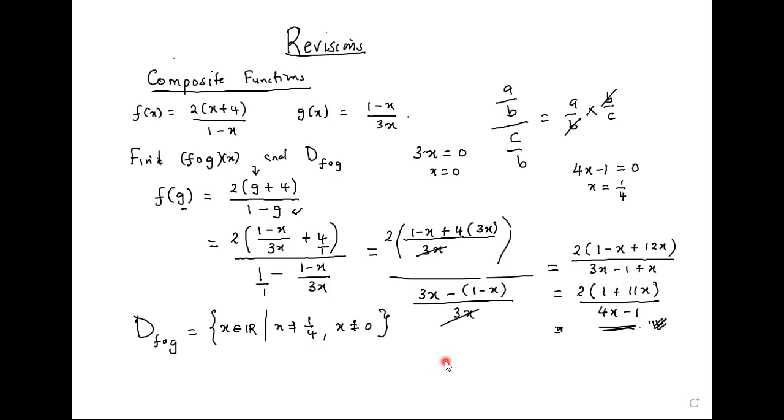So you should always get the domain of the inside function. So the idea is we'll get the intersection. Now I don't use the term intersection, so I'll just tell you that you get the restriction for the inner function g and the restriction for the final function, so that you don't find it hard. So you get the restriction of the final answer and the restriction for the inner function.